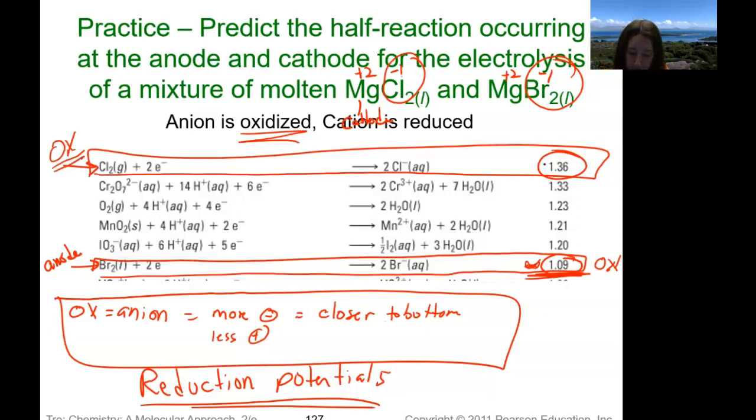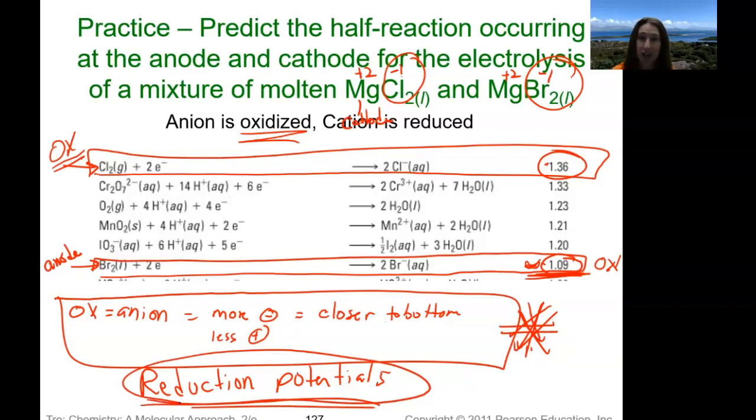And remember, when you flip them, these become negative. But when we're using these words I'm using here, I am specifically talking about reduction potentials. So if I asked you what is the potential for this reaction, you can't flip these yet. You can flip them after you've decided who's going to oxidize and reduce, then you can flip them.